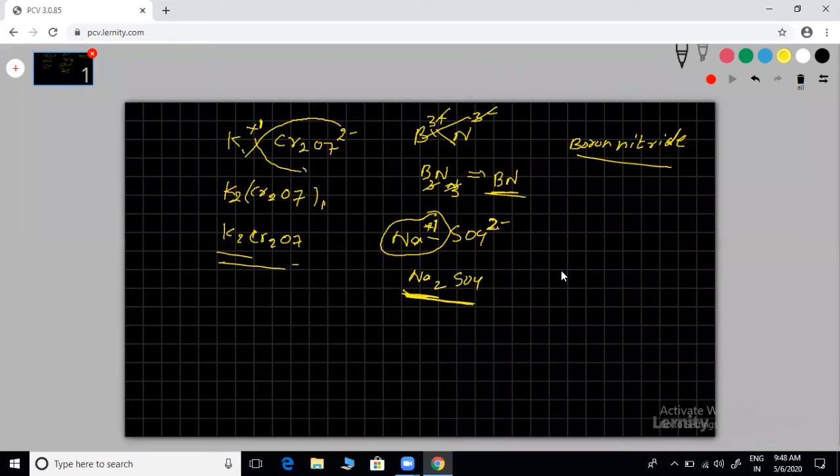Can you write here zinc phosphate? Zinc phosphate.